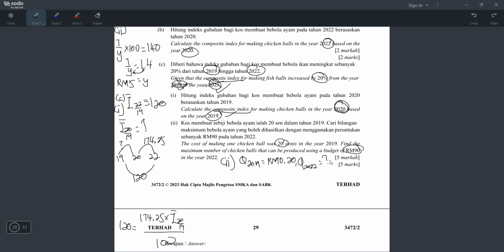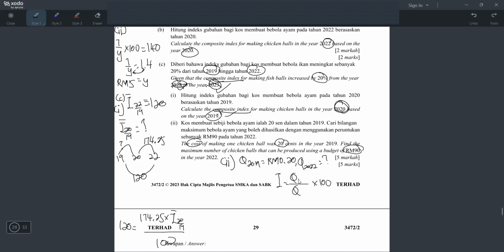So now my job is to find the cost in 2022, then only I bahagi 0.2 to get the number, okay? But when I'm finding cost, I will use the first formula, which is price bahagi price times 100. Okay, because in this chapter, whenever you find price, it's always this formula. This is the only formula that you can use to find price. But this one is cost lah in this case.